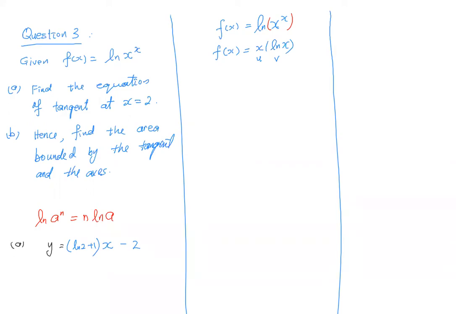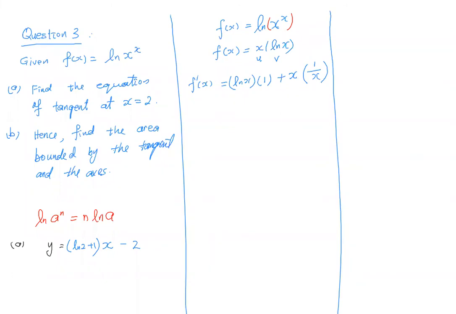So can we go through step by step? Okay. Javashini, can I know what is f prime x? ln x bracket 1 plus x bracket 1 over x. Okay, v u prime, correct? Plus u v prime. The derivative for ln x is 1 over x, correct?